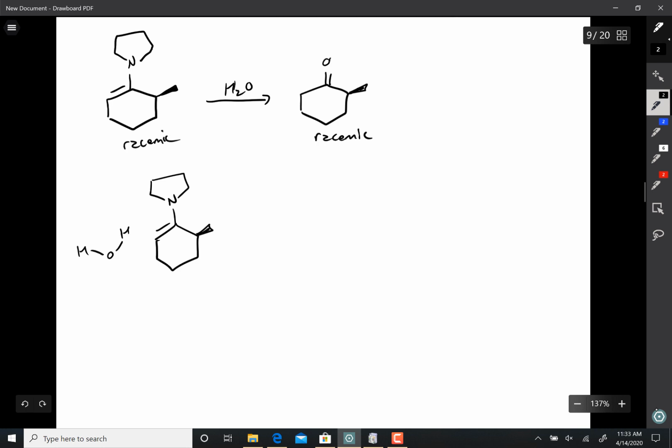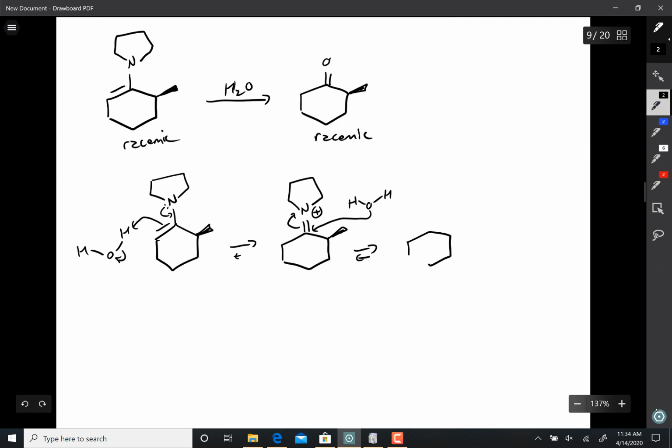So what happens is you can protonate the enamine with water. And then have water attack. You can have water attack, or you formed OH minus in this last step. You can have OH minus attack, either one.